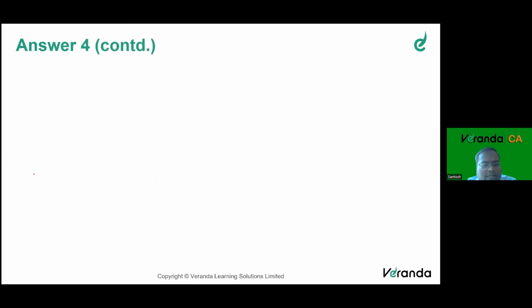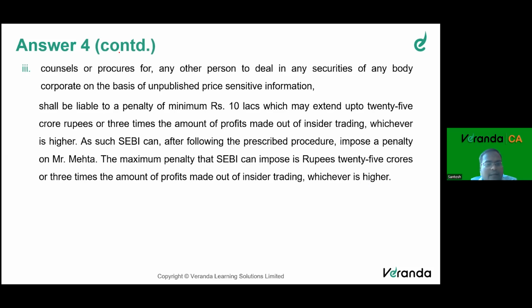What are the penalties for this? There is also one more: one who counsels or procures any other person to deal in any security of any body corporate on the basis of UPSI, basically advising somebody, shall be liable to pay a minimum of 10 lakhs, which may extend to 25 crore rupees, or 3 times the amount of profits made out of the insider trading.